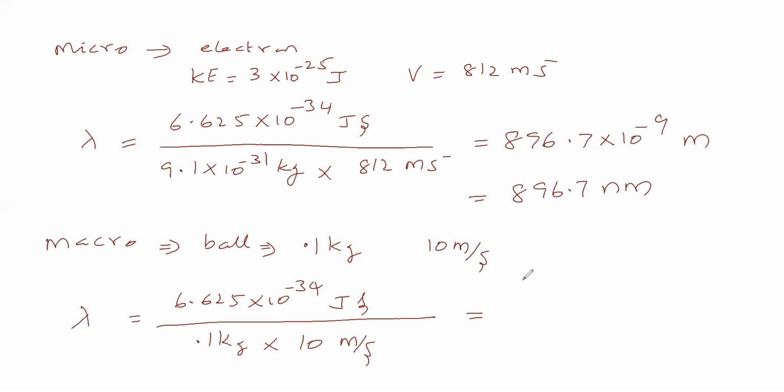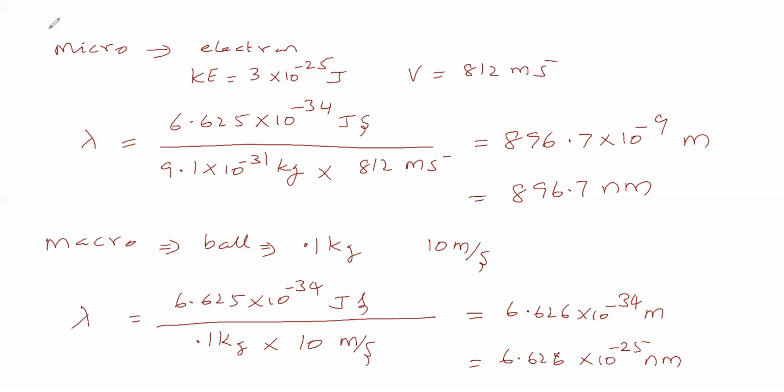We simplify this and get the value so and so, in meters, as all the units are substituted in the SI system. This we will convert into nanometer. 1 nanometer equals 10 power minus 9 meter. So we will get so and so nanometer.